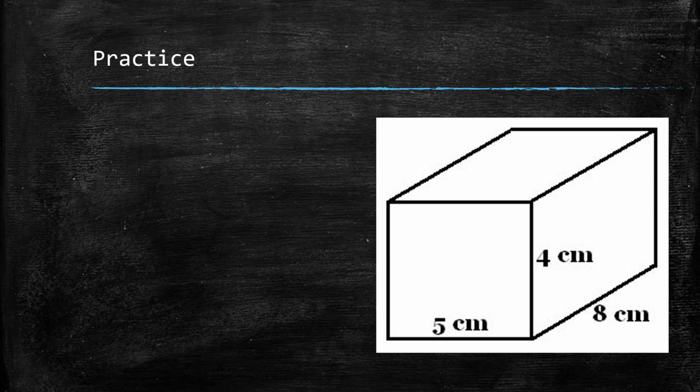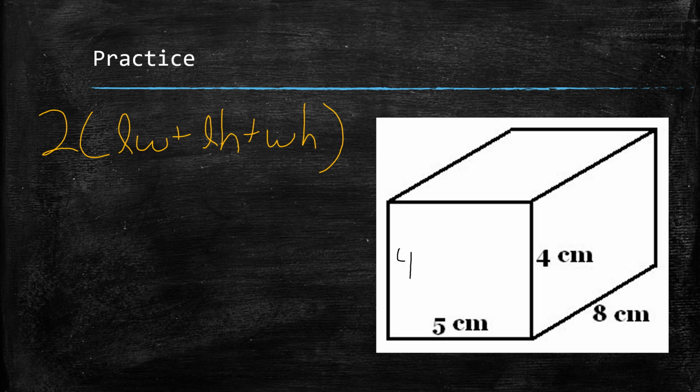Okay, so your formula is 2, then you have the length times the width, plus the length times the height, plus the width times the height. Once again, you only have your 3 numbers, so you just need to pick and choose which numbers you want to use.